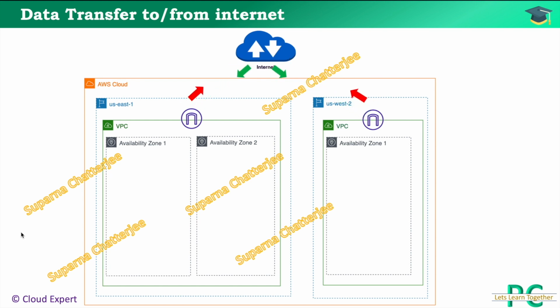If you are generating the data inside the AWS Cloud, maybe you are storing the data in an S3 bucket, or creating the data in an EC2 instance, and you are transferring the data out of the AWS Cloud to the internet, it could be to your on-premise data center or to another cloud provider. This path is called egress traffic. Now, what are the charges?